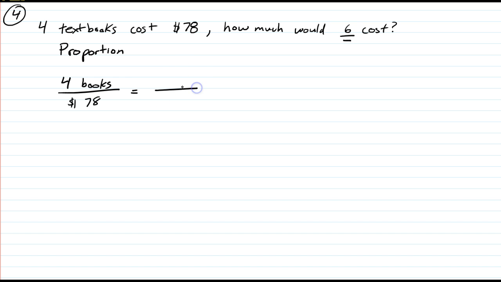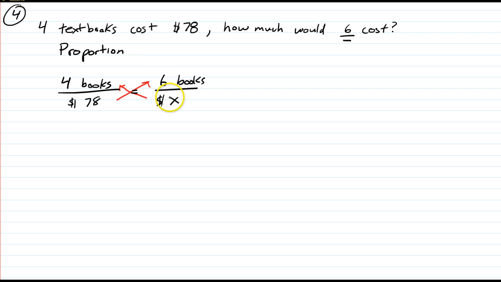On the left side I put the books on top, and they give us 6, and that corresponds to books, so you put that here on the top. Then what you don't know would be on the bottom, which would be the price. So we're trying to figure out how much it costs. One of the advantages of writing it like this is that to solve a proportion, you just cross multiply.